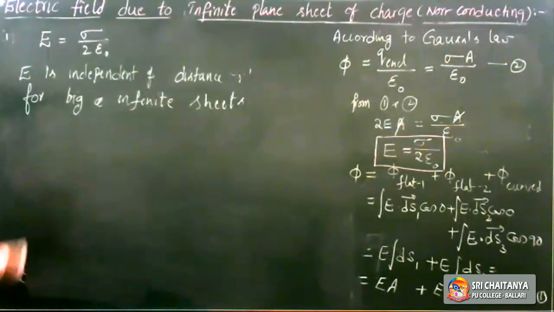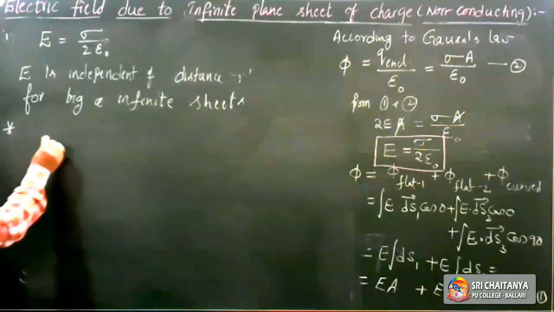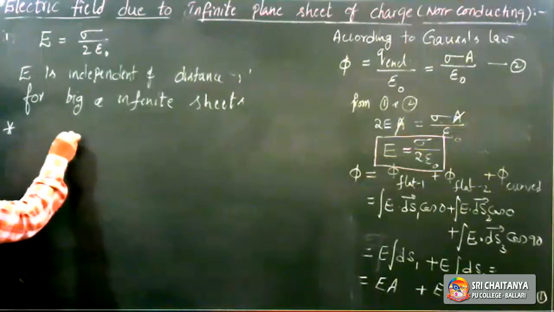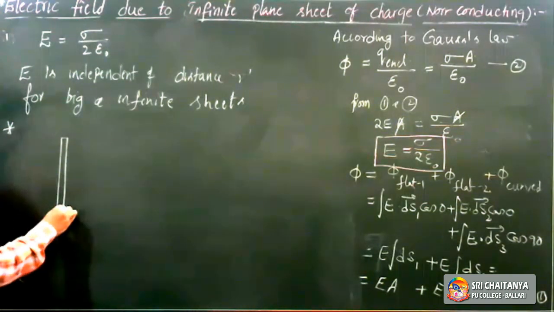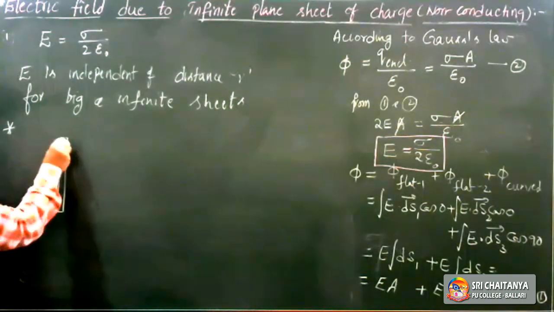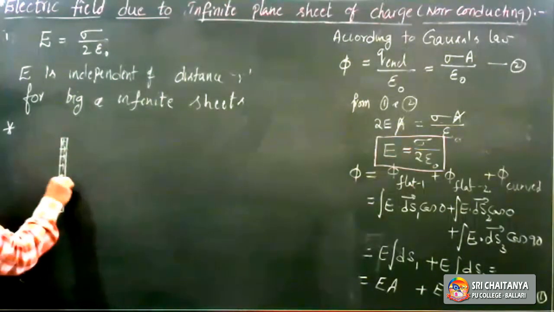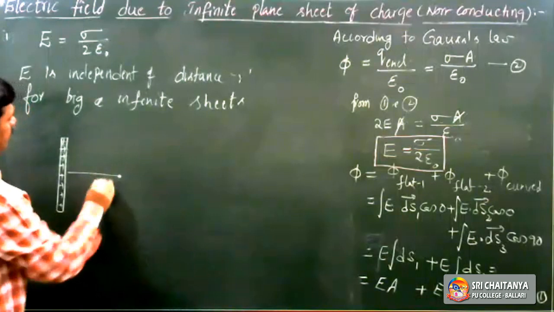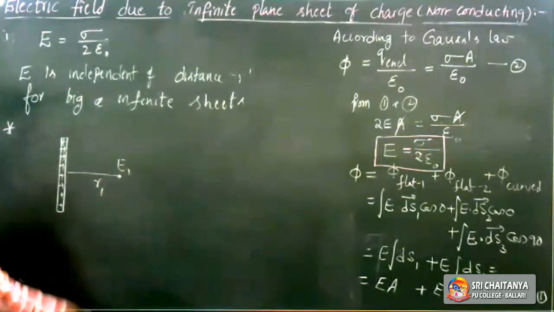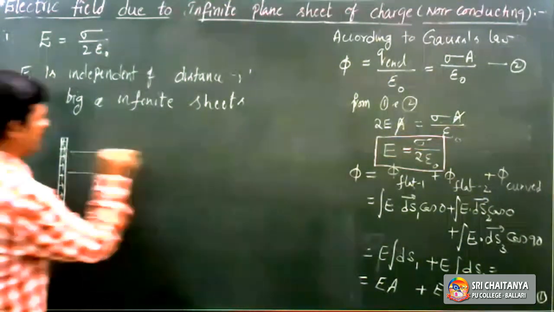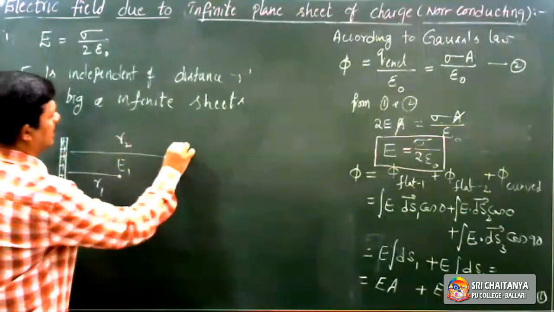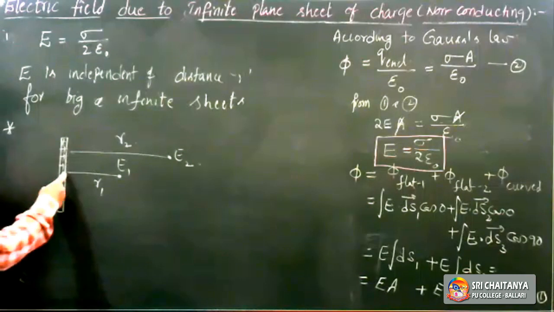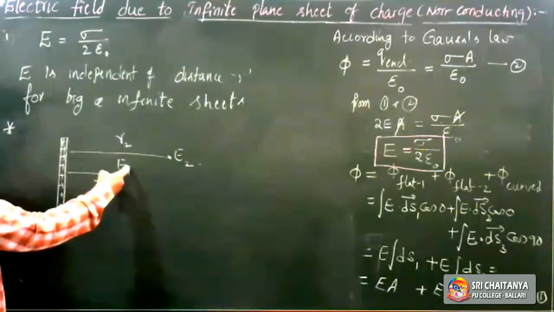In the entrance they ask, see, I'm showing like this. This is a sheet, thin sheet. Charge is given to this. One point is here at a perpendicular distance R1, field is E1.